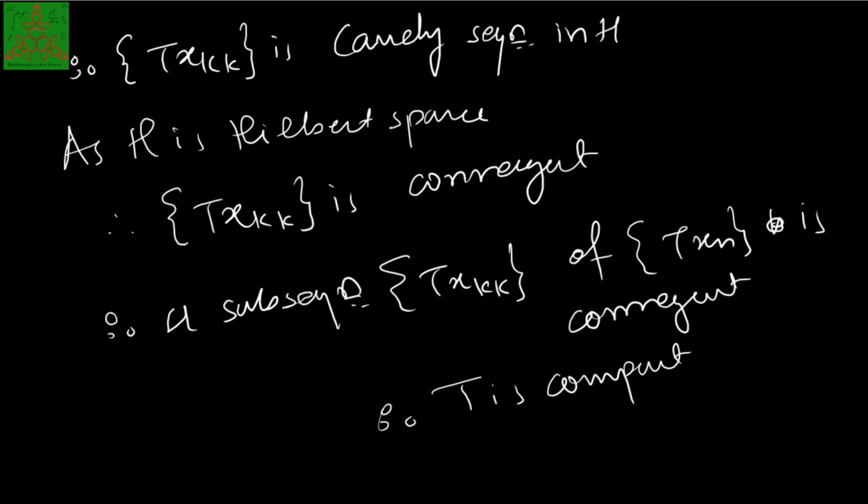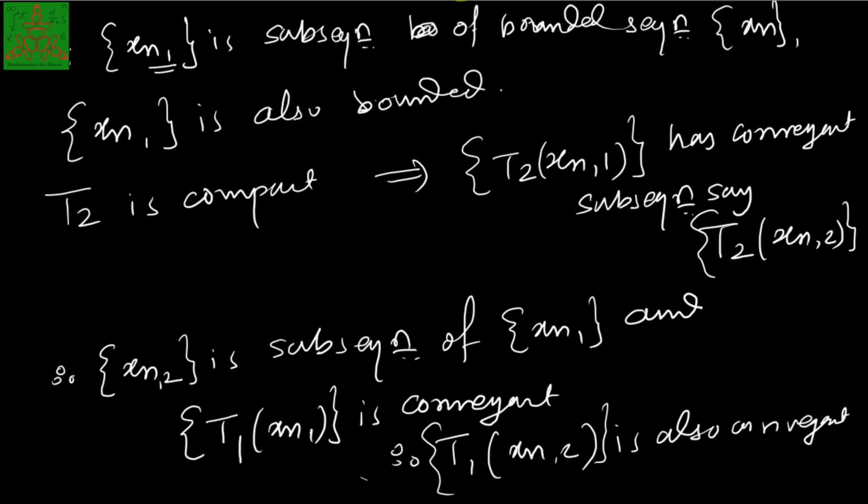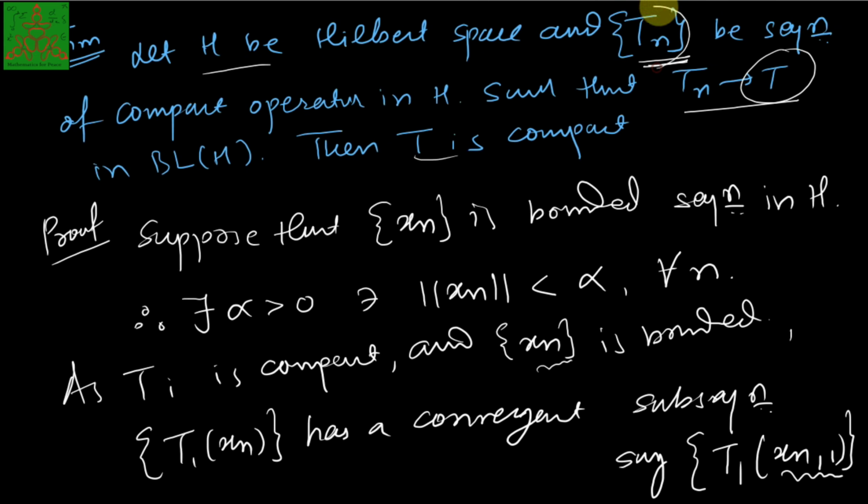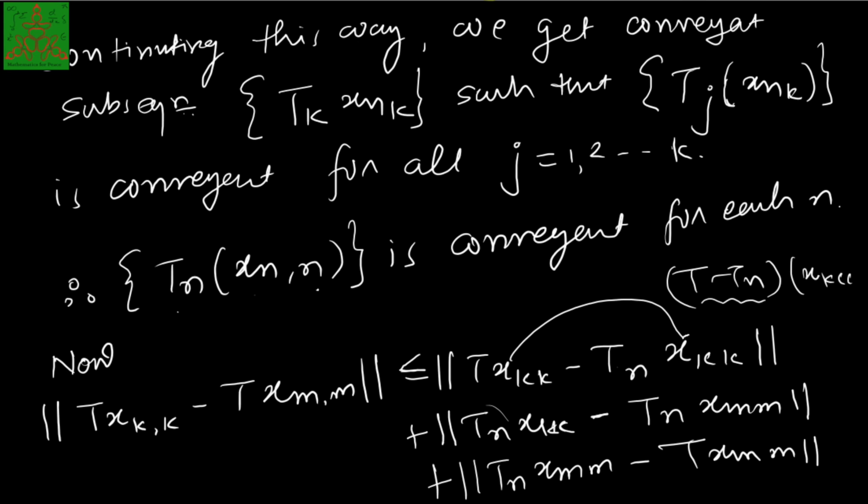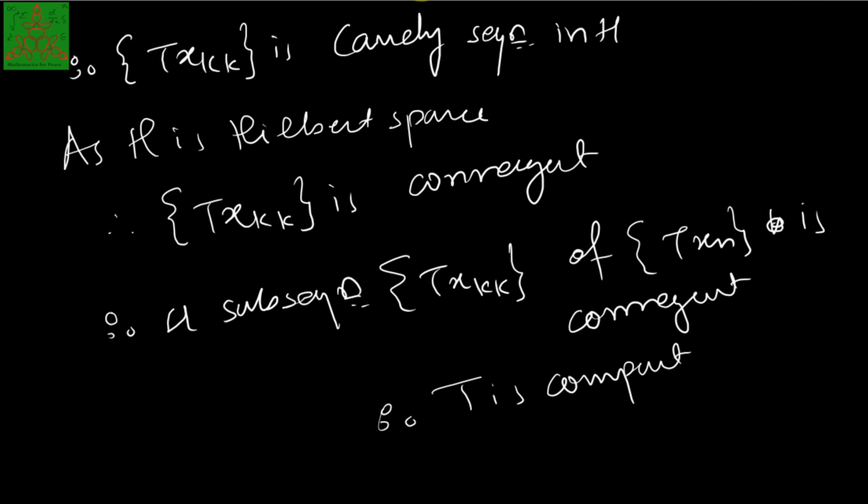So if you have a sequence of compact operators, and if that converges to some limit in BL of H, then that limit is also a compact operator. One more result we are discussing now is about the adjoint. An obvious question one can ask is, if T is a compact operator, will its adjoint also be a compact operator?